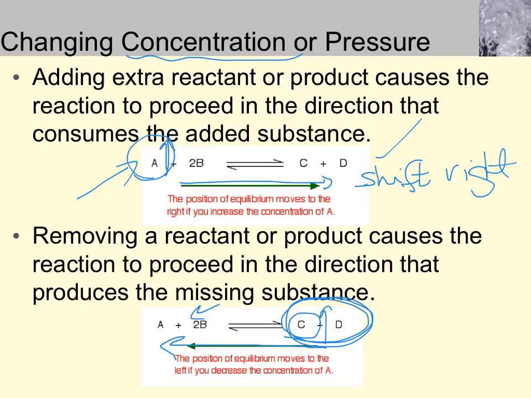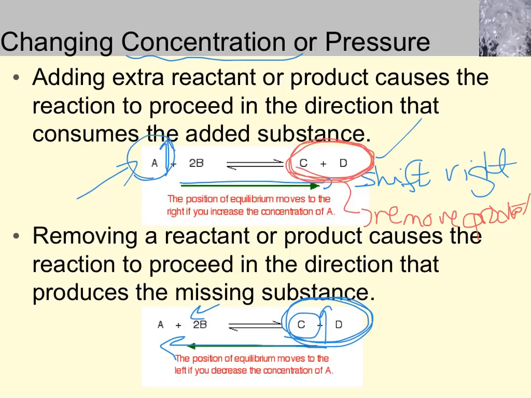Now, there is another way to disturb an equilibrium by adjusting concentrations. Not only can you add reactant or product, you can remove a reactant or product. So let's imagine that I remove some product. If I remove some of C or D, that means we're going to have a deficiency, not enough product.